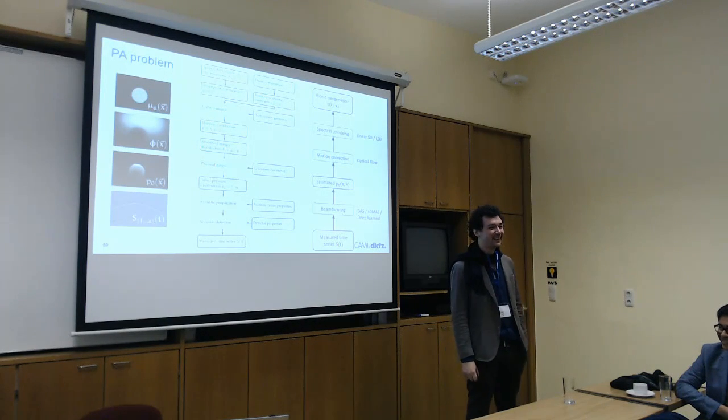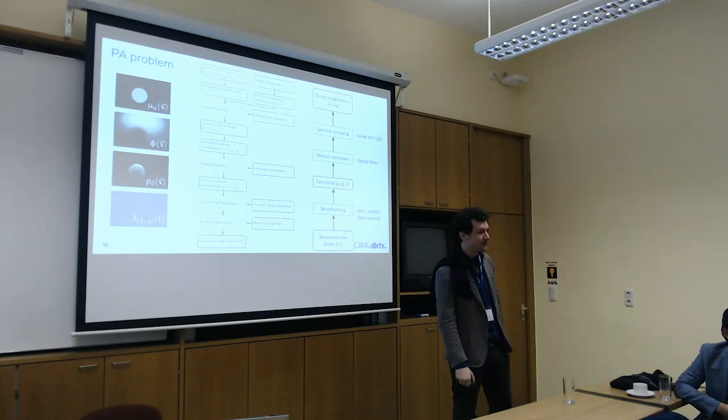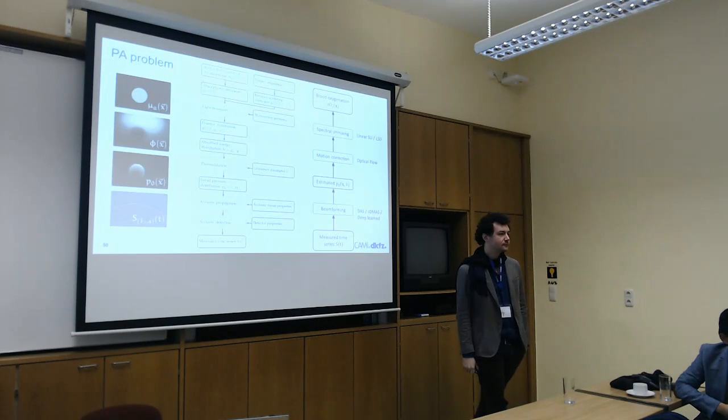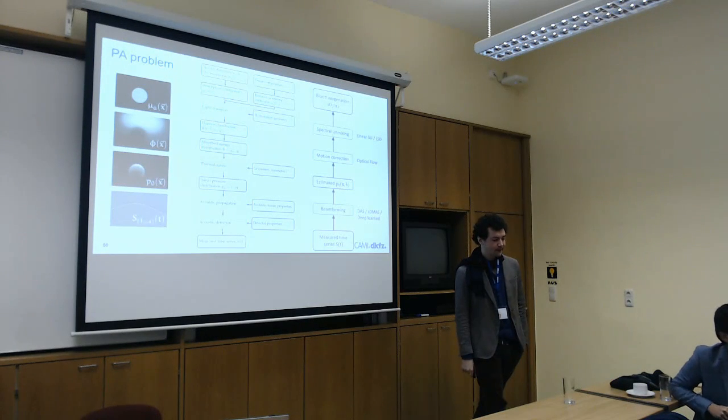Okay, thank you. For the classification, do you use the raw information from the multispectral images, or did you convert the data into other color spaces? Can you repeat the question? The classification of what?